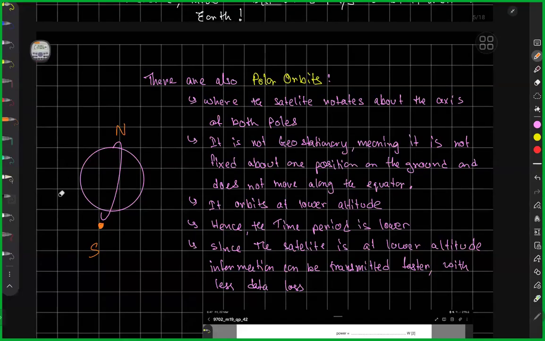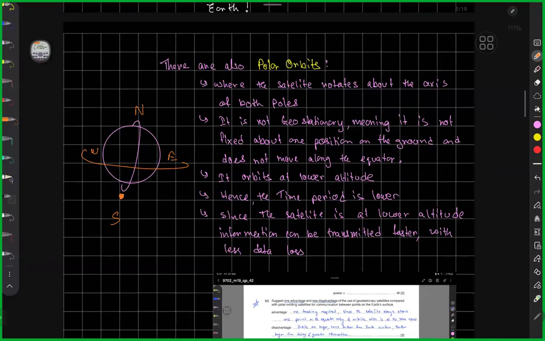If this is my west and east, this is equatorial orbit or geostationary orbit, but we're talking about polar orbits. So it's sort of 90 degrees to the rotation of Earth. If Earth is rotating west to east, pretty much 90 degrees to that, right? So what happens in this case?